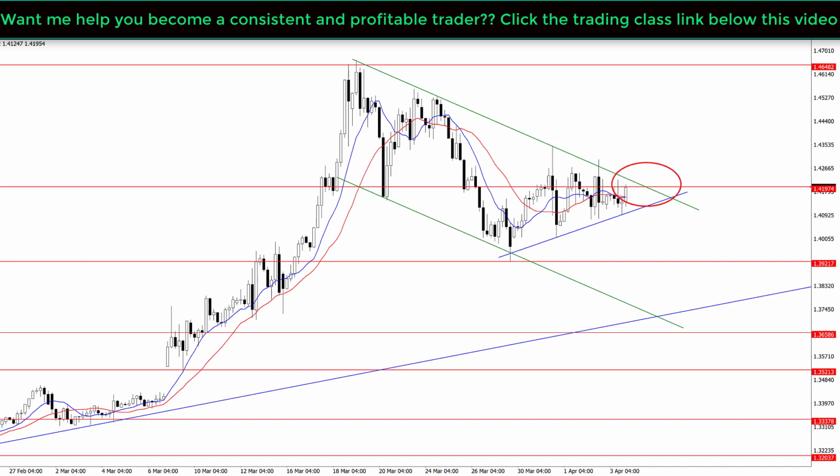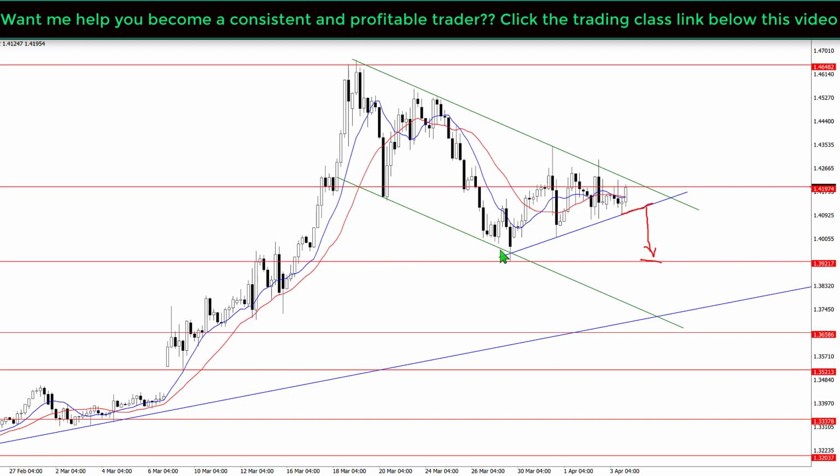Right here we can see our horizontal key level structure, and then our dynamic resistance zone. So alternatively, if the bears successfully make a rotation and break this dynamic support trend line right here, then I wouldn't be surprised if the bears eventually make a rotation downward to retest the next key level or support, which acts at 1.39217.